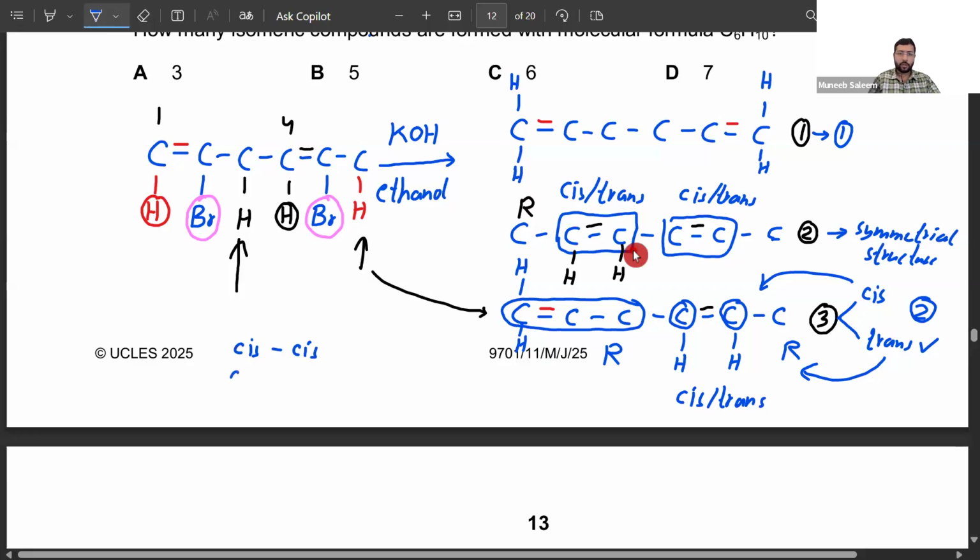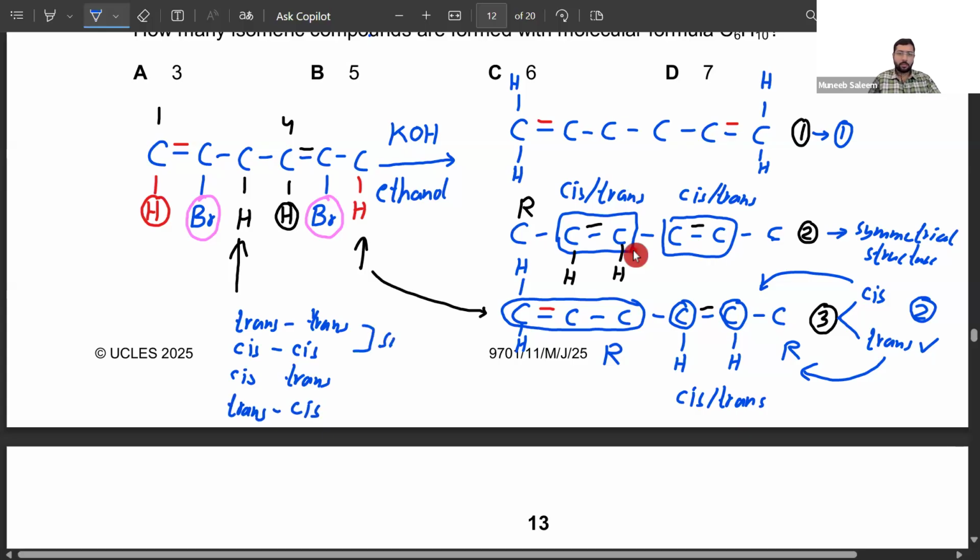We can have cis-trans combination. We can have trans-trans combination, and we can have trans-cis combination.